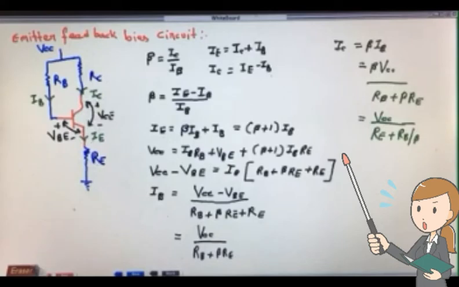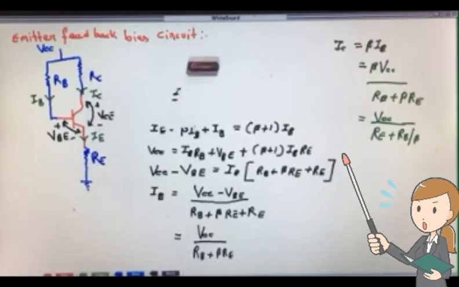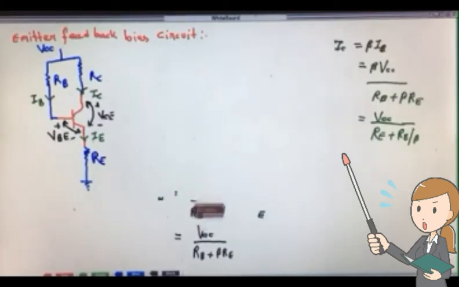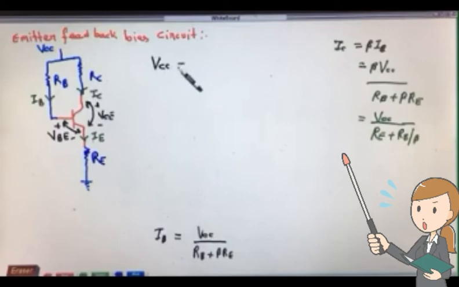So in case of the output circuit, VCC is equal to IC into RC plus VCE plus IE RE.